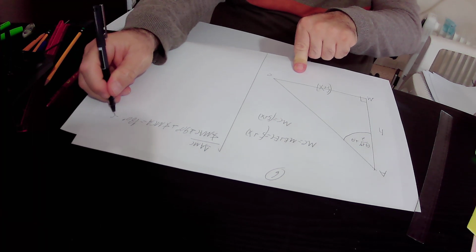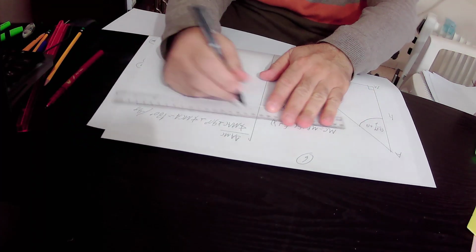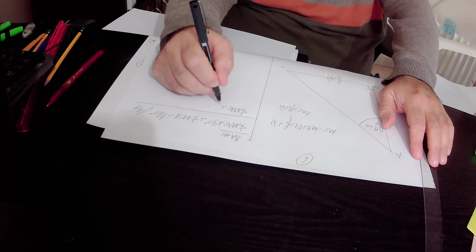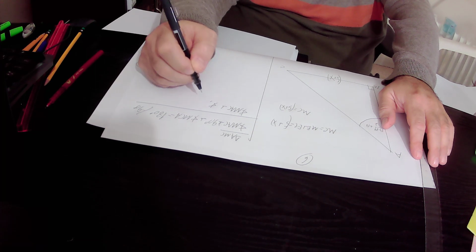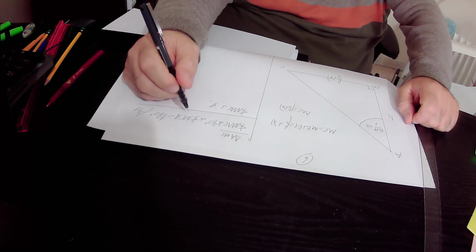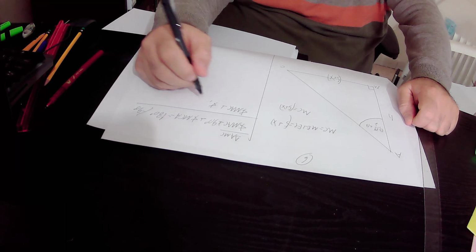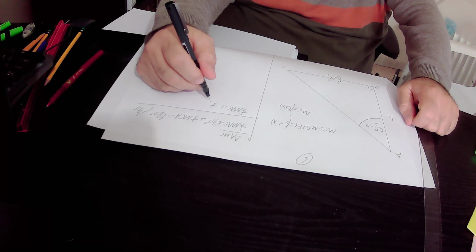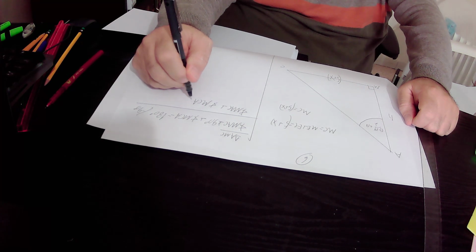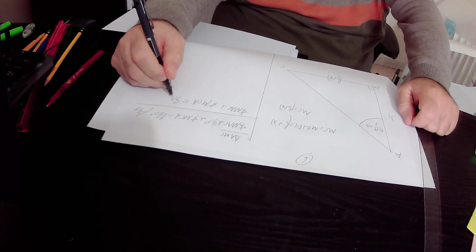Here we will subtract 90 degrees from this equation and we will find out that angle MAC plus angle MCA equal 180 degrees minus 90 degrees, which is 90 degrees.